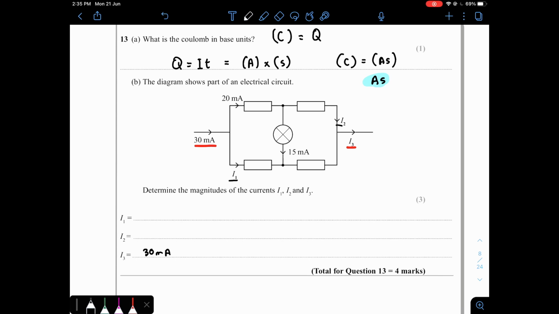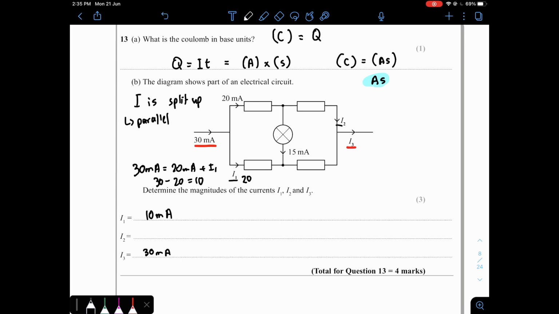Now in a parallel circuit, the current is split up. So 30 milliamps should equal 20 milliamps plus I1. So I1 must be 10 milliamps, because 30 take away 20 is 10. Okay, so we've done that.